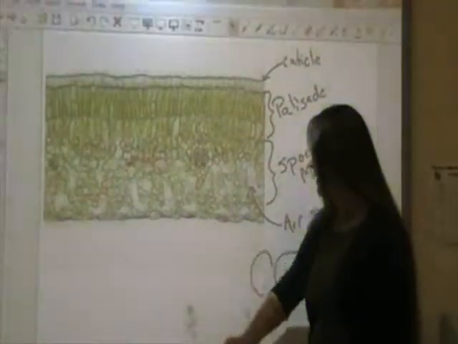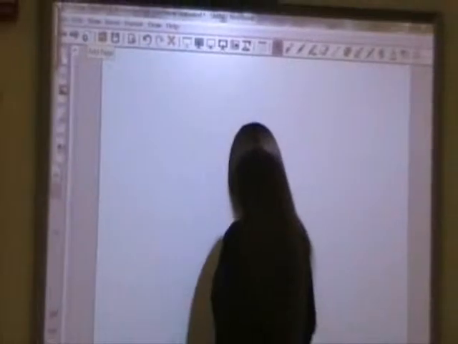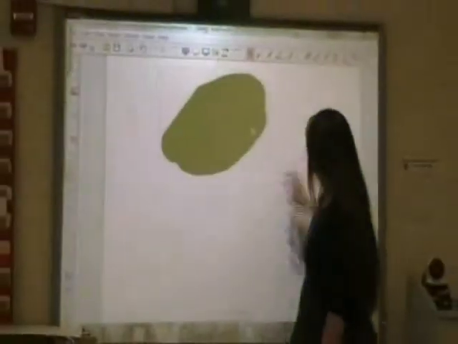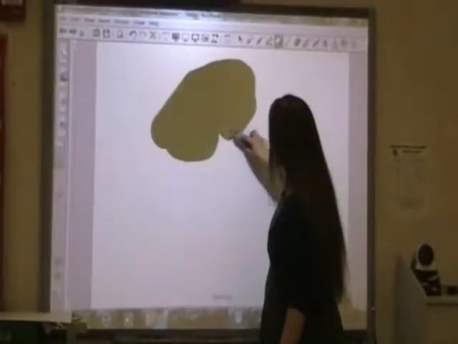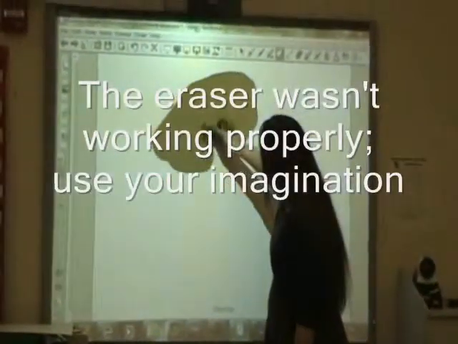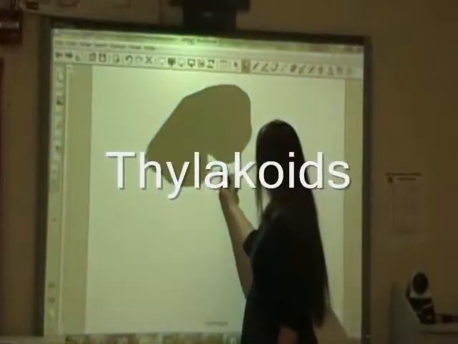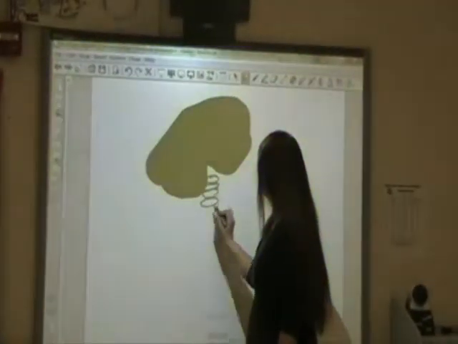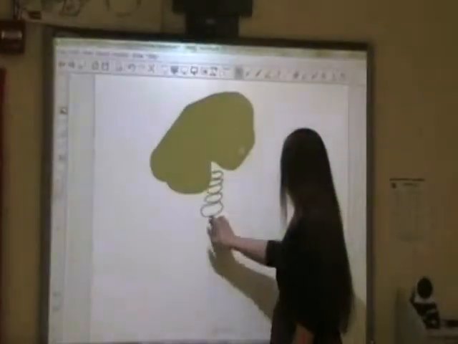So we're going to take that chloroplast. Inside the chloroplast are these little things called thylakoids. And the thylakoids is where the magic happens.